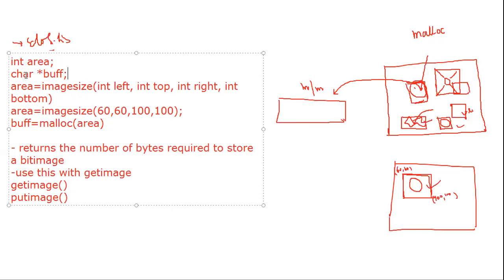So this character pointer buff will be pointing out that memory location where the memory has been allocated to store this image. Now which function will be used to store this image into the memory?